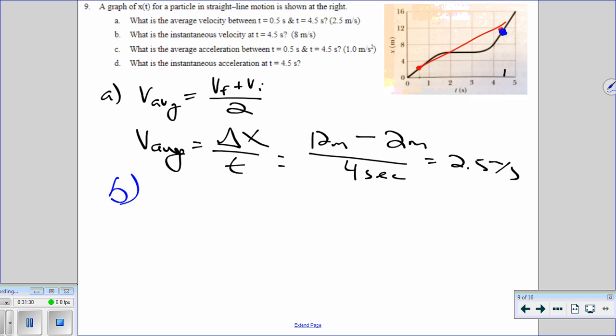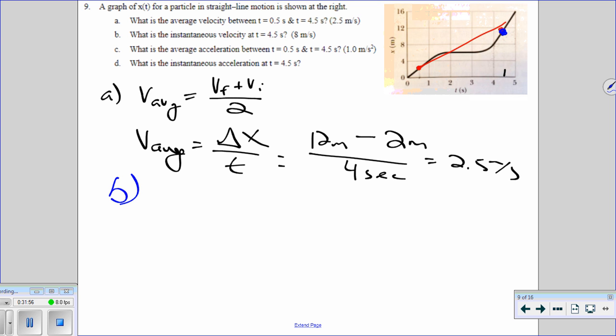Because then you can just use an average, right? Doesn't this look like a straight line, you guys? So find the slope of that line. Since it's straight, that means velocity is constant. Why velocity? Because it's a position time graph, right?